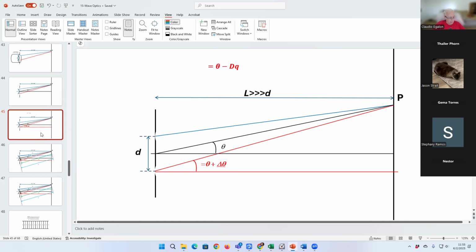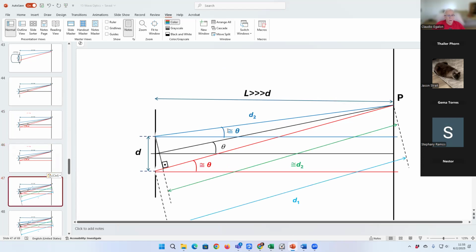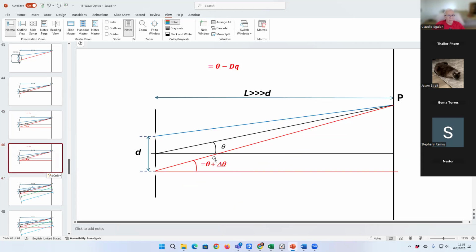And we repeat the same for the line for the upper light wave, but instead of theta plus delta theta, we are going to have theta minus delta theta.